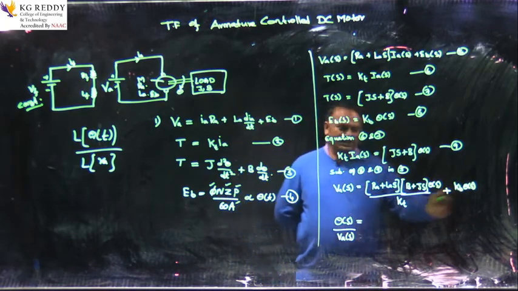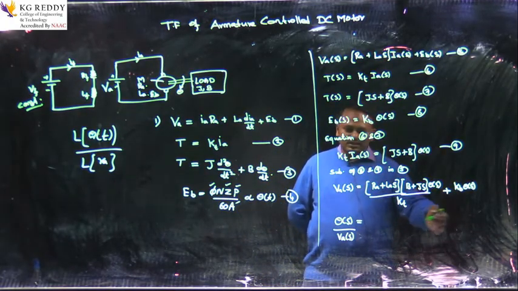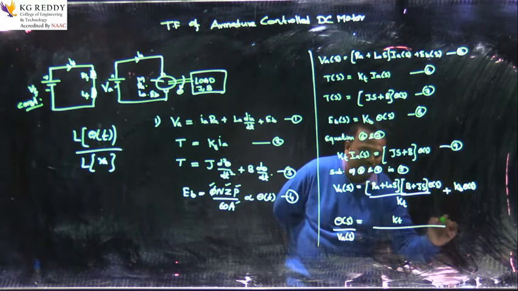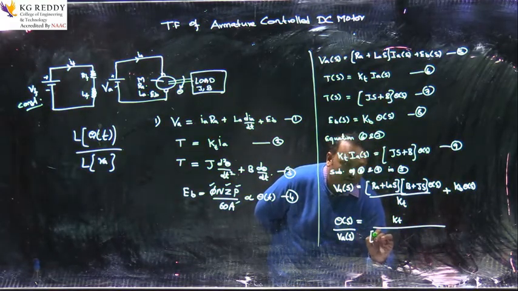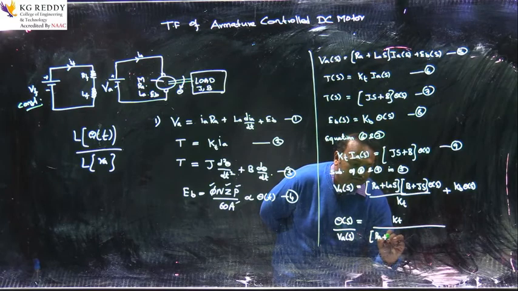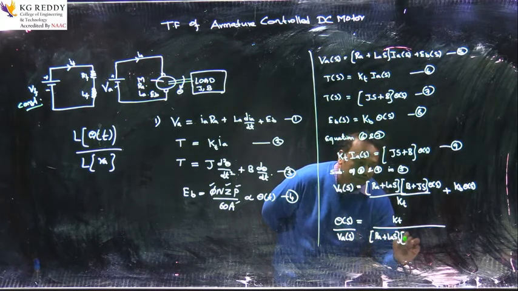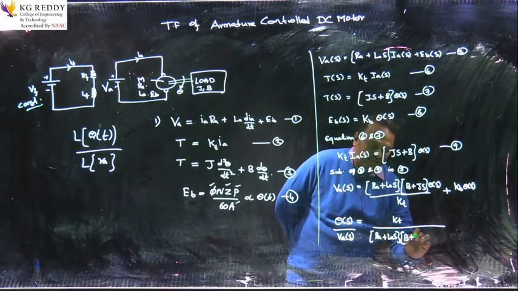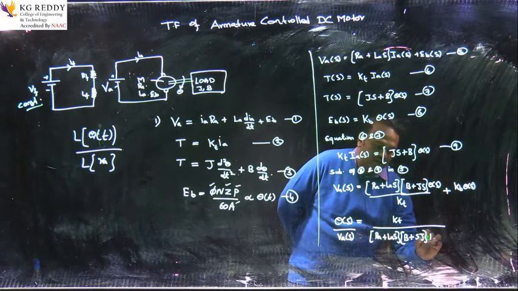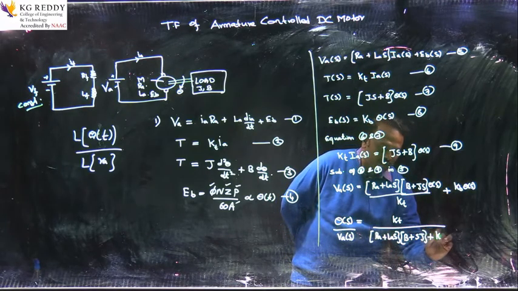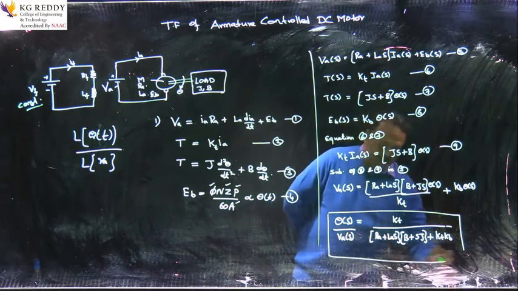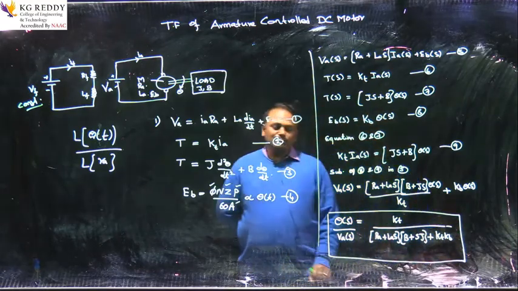When taking this LCM, the denominator will be Kt, and when cross multiplying, we have Kt by Ra plus La into s, times B plus s into J, plus Kt into Kb. So, this is your required transfer function.